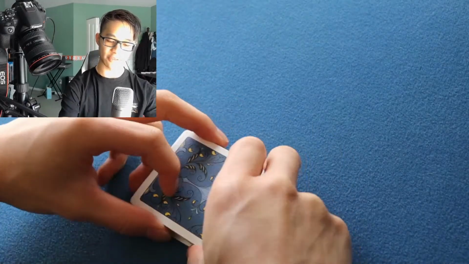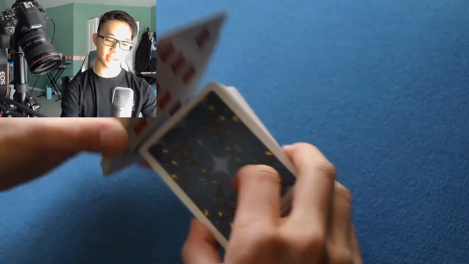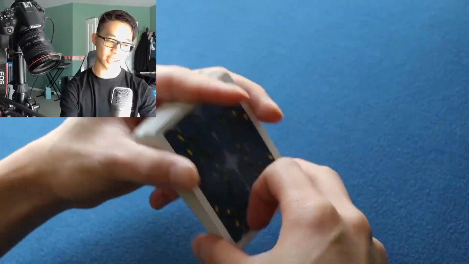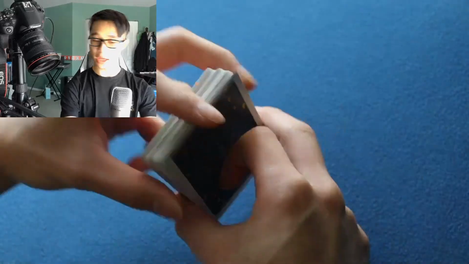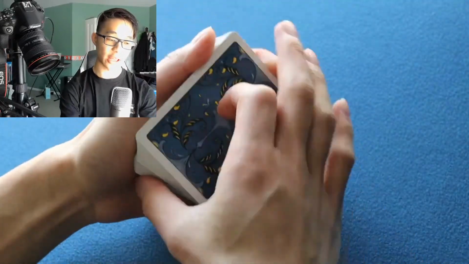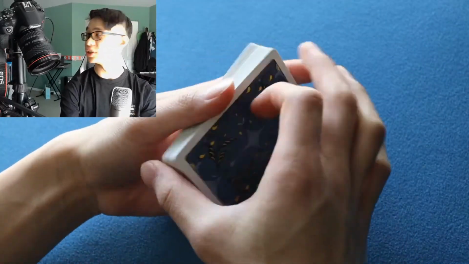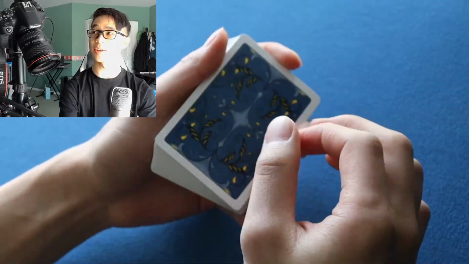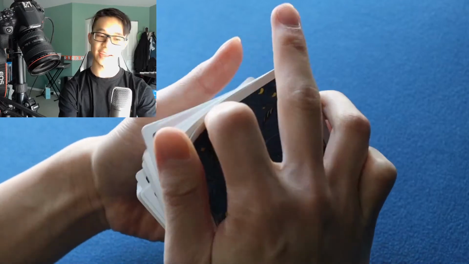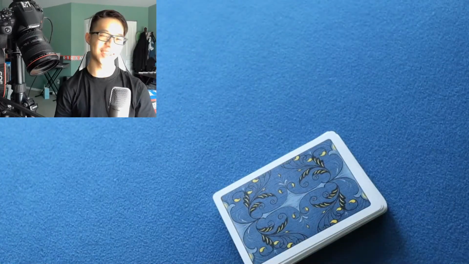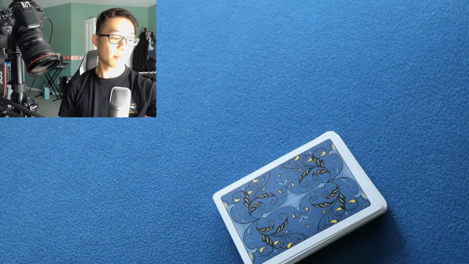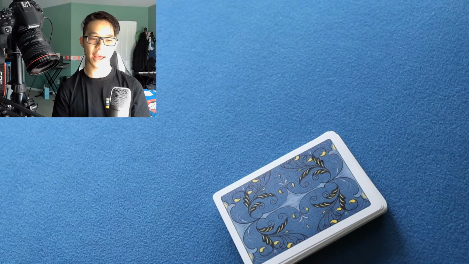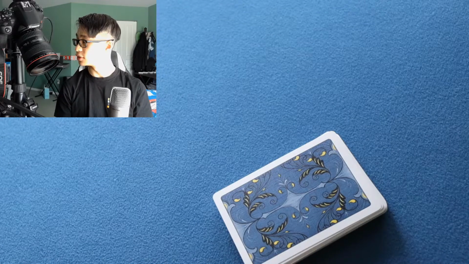It's just my personal tips on how to approach the Classic Pass. To give a brief summary of what the Classic Pass is, it's basically a secret way of cutting the deck, right? That's fundamentally what it is. You're just cutting the deck really fast. If you want to know some of the pros and cons of learning the pass, or the pass itself, there's a couple of things.